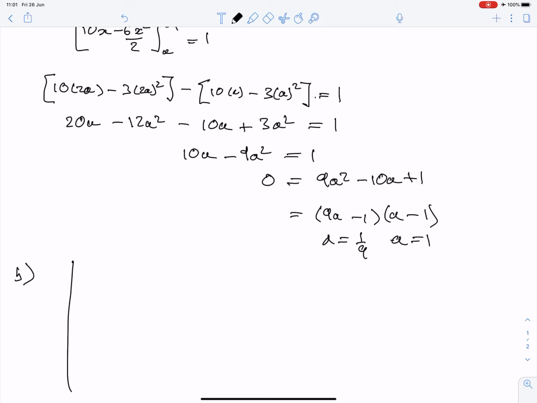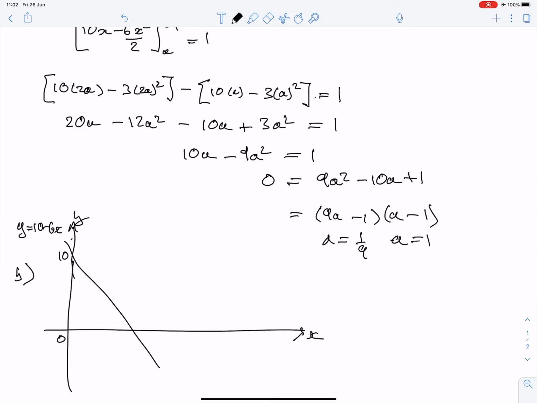So B, 10 minus 6x, so it's going to come down fairly steeply, that's 10. X, that's the y-axis, 0, label a line, y equals 10 minus 6x.